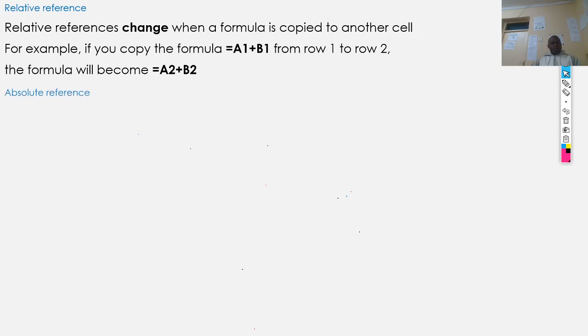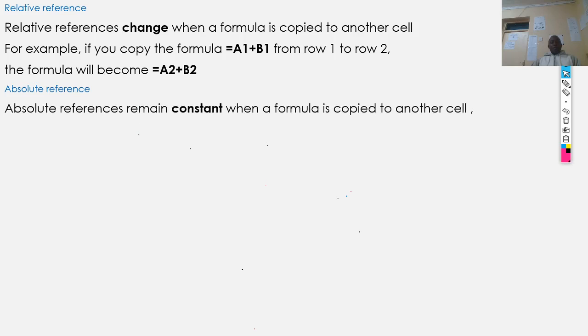When we talk about absolute reference, it remains constant when a formula is copied to another cell. That is, if you copy a formula from one cell to another, it remains constant, because it is a specific address of a cell. Even if you copy to a different cell, it shall be referring to the original cell that it was before.